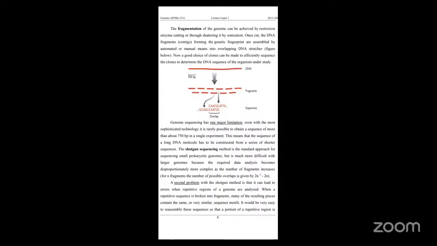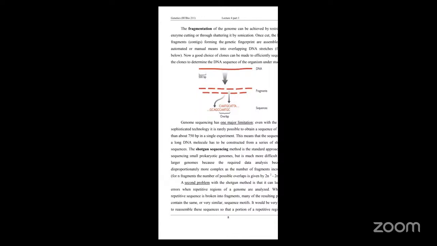Once the DNA has been cut or shattered, the DNA fragments are assembled, either by automation, that is by machine, or by manual means, into overlapping DNA stretches. Then they will have an observation. So now a good choice of clones can be made to efficiently sequence the clones to determine the DNA sequence. That is how you can do it.